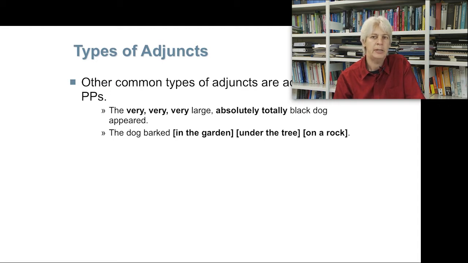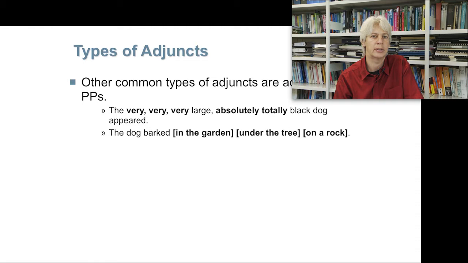And types of PPs. We've seen argument PPs, but in the example "the dog barked in the garden," "in the garden" is an adjunct PP, because you could just say "the dog barked." The sentence is perfectly fine. And "in the garden," "under the tree," "on a rock" are the same kind of prepositional phrase. They're spatial prepositional phrases.